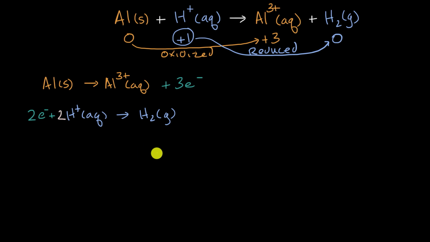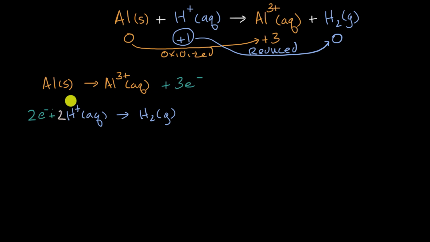Now the next thing we want to do is balance the number of electrons that we have on the right-hand side and on the left-hand side in these half reactions. And so how can you do that? Well, you have 3 here and you have 2 here. The least common multiple, involving a little bit of your elementary school mathematics here, of 3 and 2 is 6.